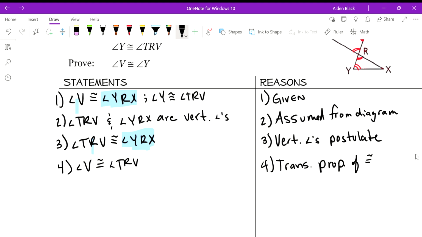And then with my next step, I'm going to say that since angle TRV is congruent to Y and angle TRV is congruent to V, that I can say those two are congruent. Angle Y is congruent to angle V. Once again, by the transitive property of congruence.